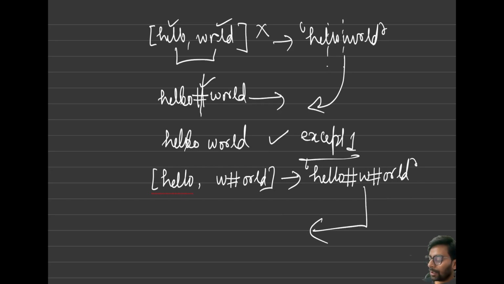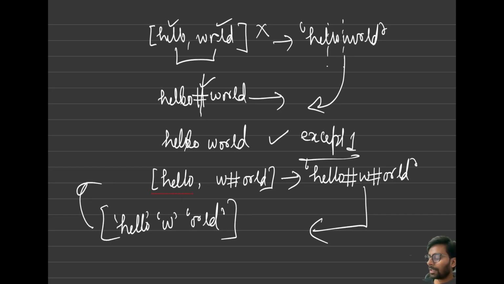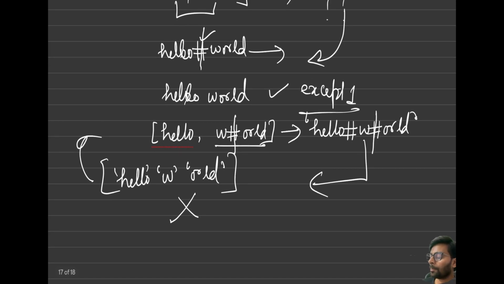Now if I need to decode it at the receiver's end, how will I do it? I'll get hello, I will get the w, I will get the orld, right? This is what I'm going to get, and that is wrong. Because a hash was already there in our string, we have broken our string at this place as well, which was wrong. We couldn't know that this is a part of our string.